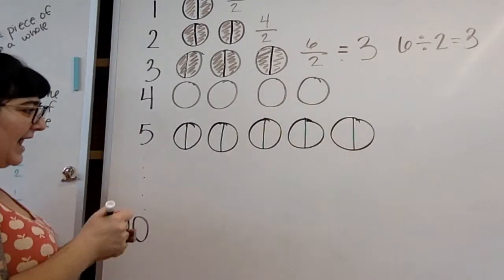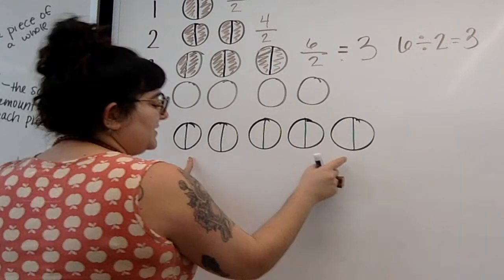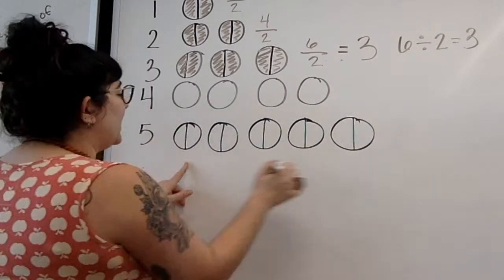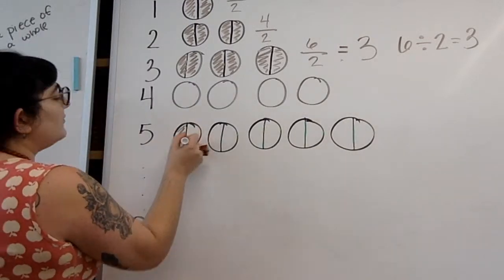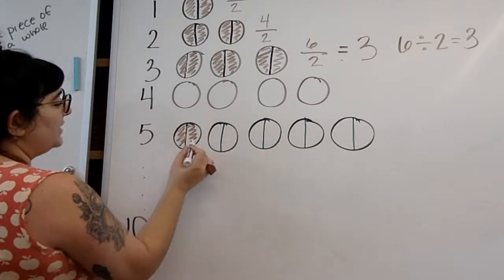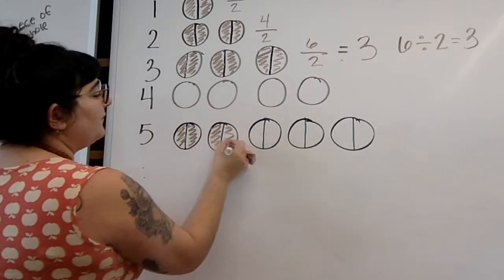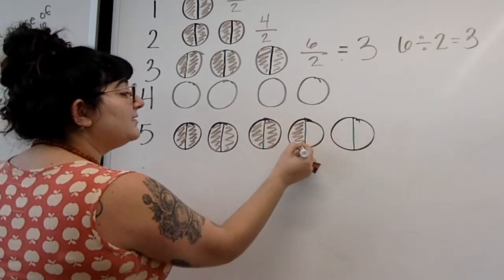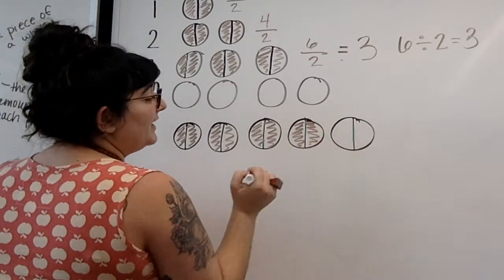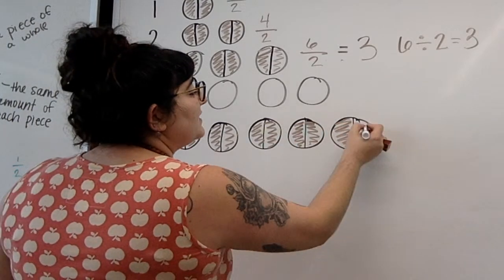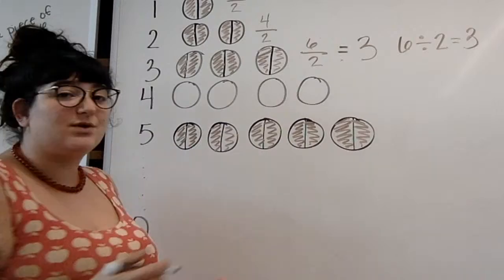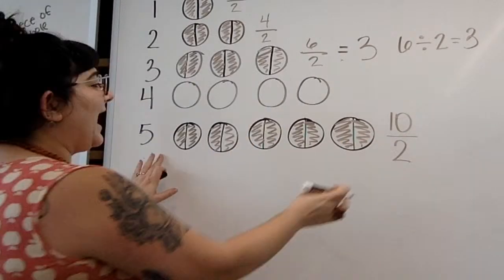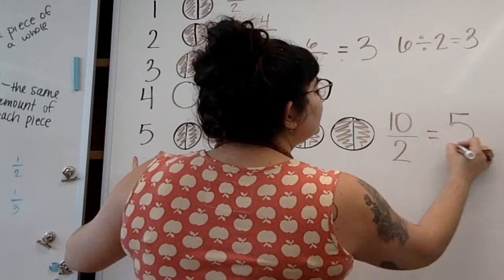And if I have 5 wholes that are cut in half, how many halves will I have? 1, 2, 3, 4, 5, 6, 7, 8, 9, and 10. So we have 10 halves. 10 halves is equivalent to 5.